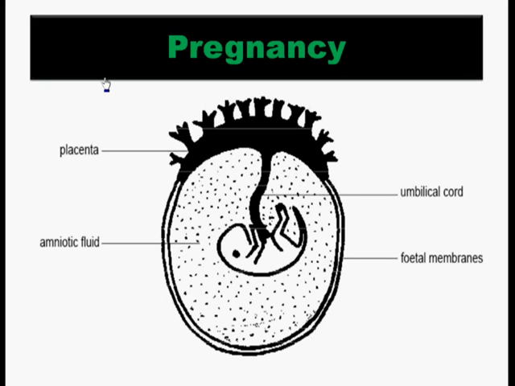Now it takes several hours for the embryo to reach the uterus, and by this time it is a ball of 16 or 32 cells, and the uterus has a thin spongy lining, and the embryo sinks into it, and this is called implantation. So where you saw the ball of cells sinking in the uterus wall right there, that is called implantation, and the ball of cells that you saw there, keep multiplying, is called the embryo.